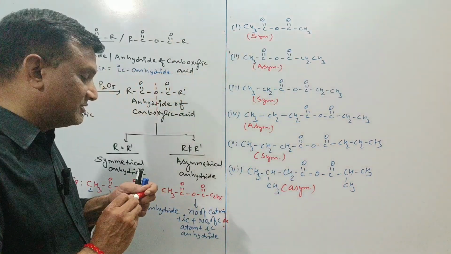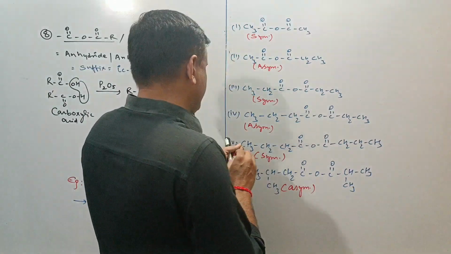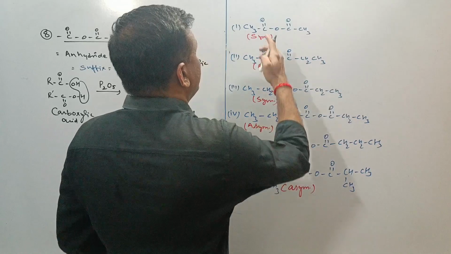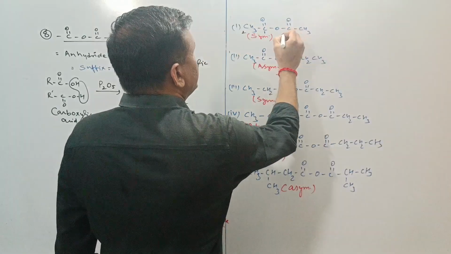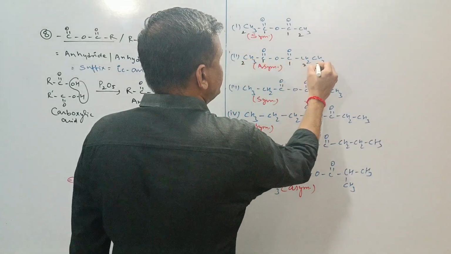Now the time to discuss the names. First of all, in this one there are 2 carbon atoms, 1 and 2. In the next there are 1, 2, 3.